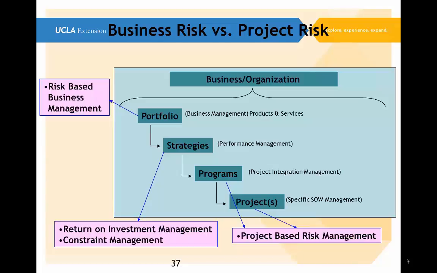But as we get down into the company to the programs, where we're talking about integration management of projects, or down to the projects themselves, where we have a specific statement of work that we need to implement and execute, those two are project-based risk management. The risks to projects and programs fall into our area of responsibility and influence, and those are the risks we need to worry about.